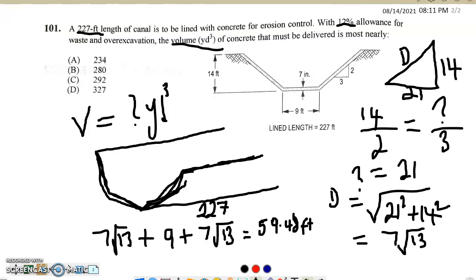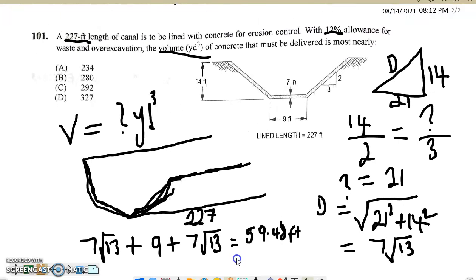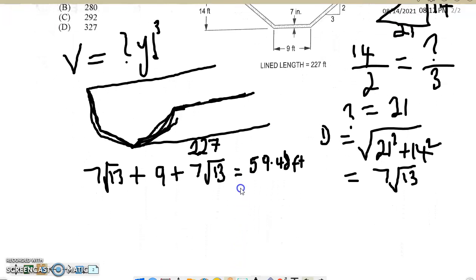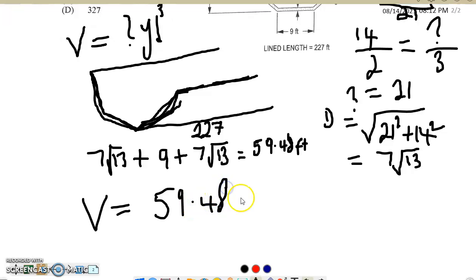So now that we found that, we're trying to find volume. That's what the question is asking. The volume is area times the depth. So V equals 59.48 times 227 times, they told us the depth of the concrete.